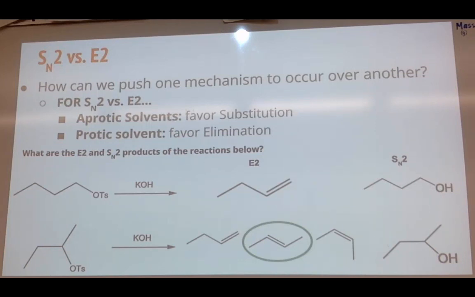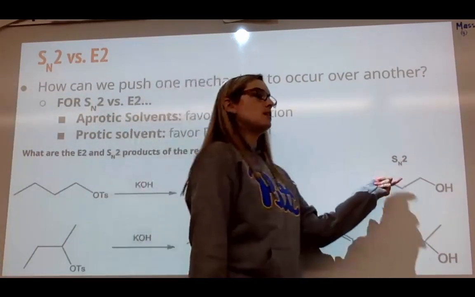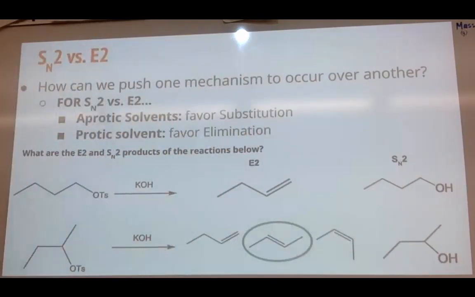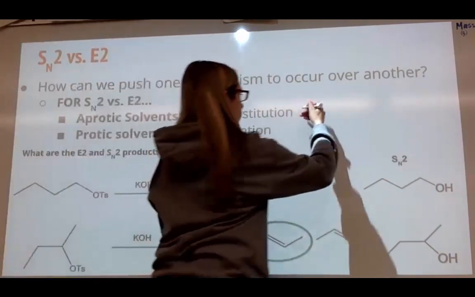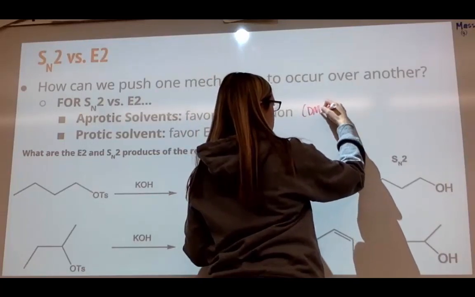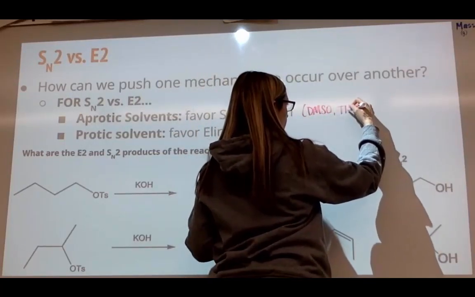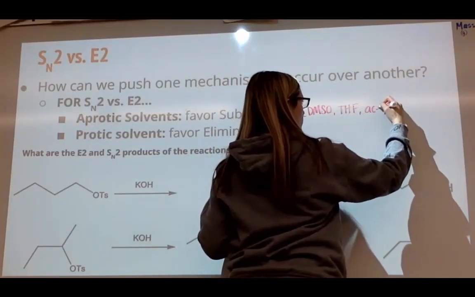If you want to favor substitution, so if you want to push for the SN2 reaction to occur, you use an aprotic solvent. Remember, an aprotic solvent is something like DMSO, THF, or acetone.